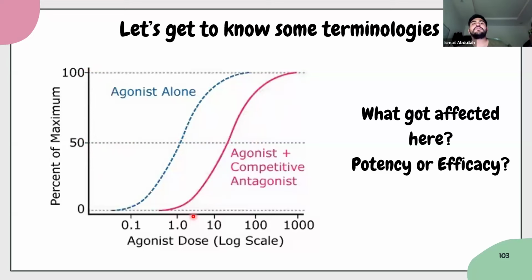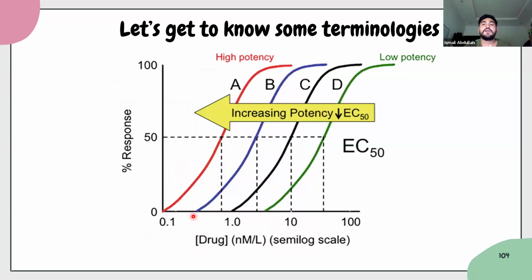Why less potent? What's the idea behind potency? The idea is this. If the EC50 is low, this means it's more potent. It can do 50% of the job at less concentration. And that's amazing. So this is increased potency.